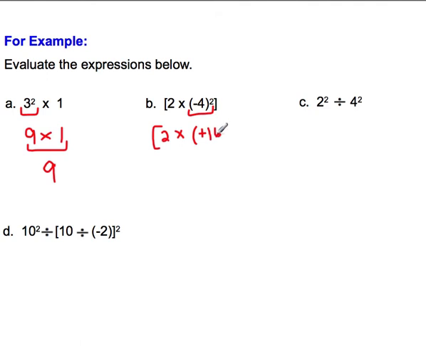Since the negative is in the brackets, we have negative 4 times negative 4, so it'll be a positive number. And then I'm going to do that operation, the times, and 2 times positive 16 is positive 32.